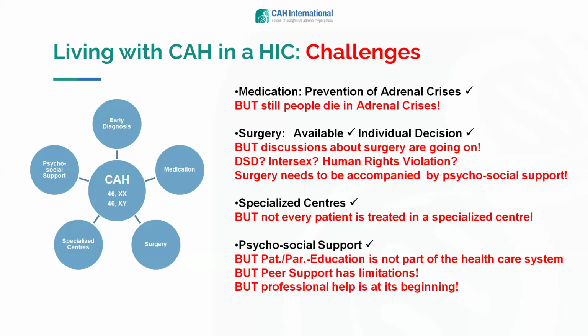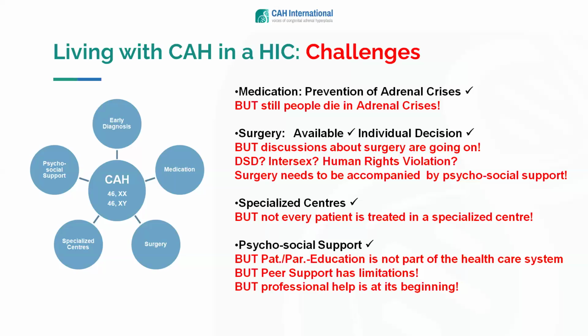So not every girl, not each girl has to have surgery, and not all parents ask for surgery. And this is a very challenging topic in our countries. We have lots of discussions. What is the right thing to do in girls with CAH?